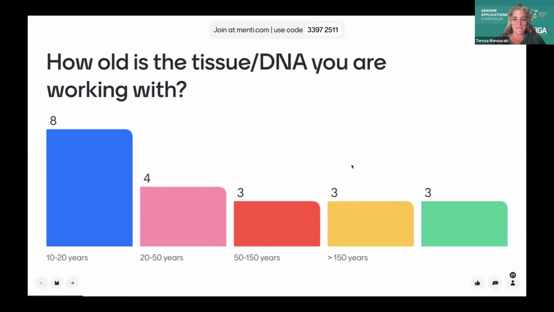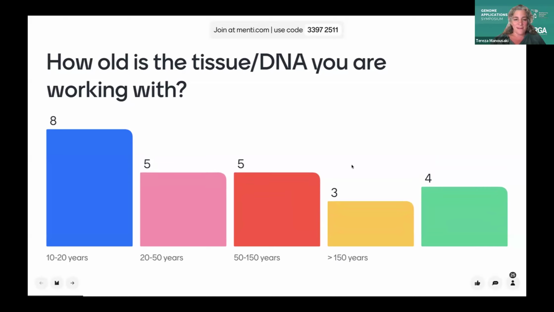We have some that are over 150 years old. What we were looking for in this session is to get feedback from you, that you have all this experience from the different samples, from old samples, especially people working with museum samples.